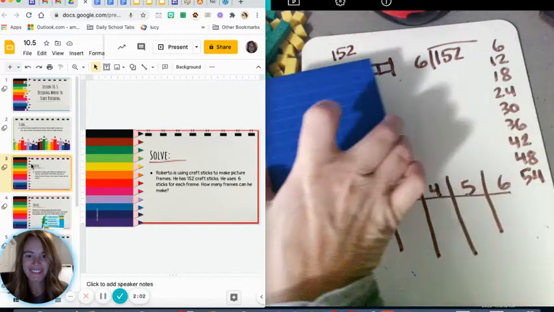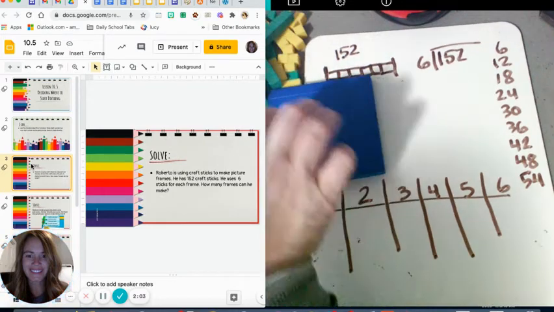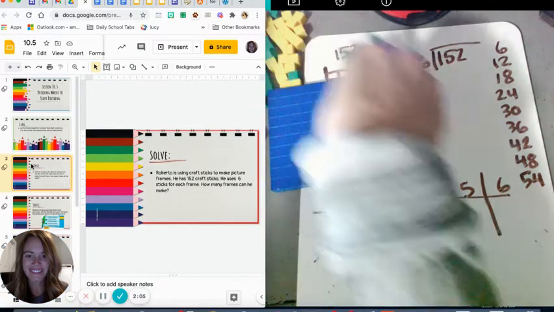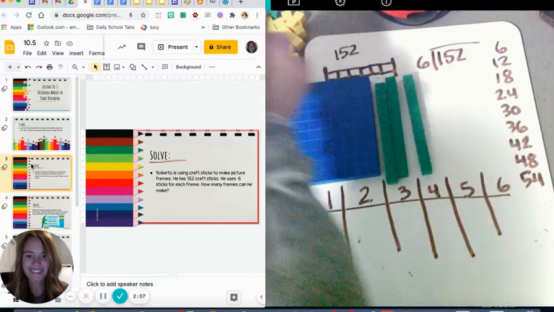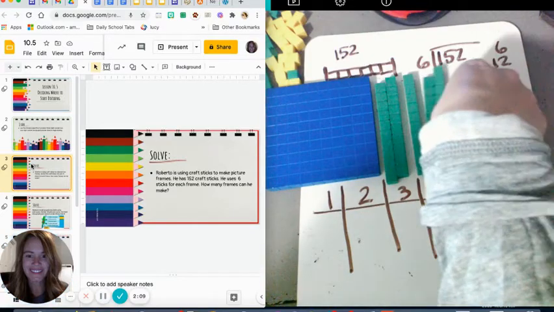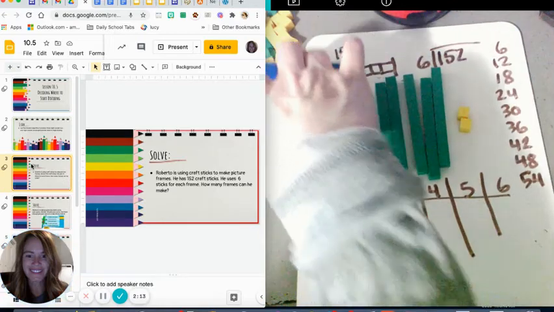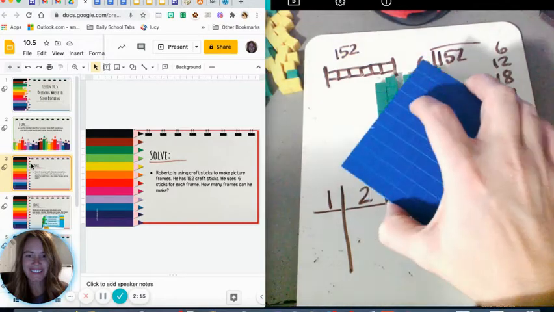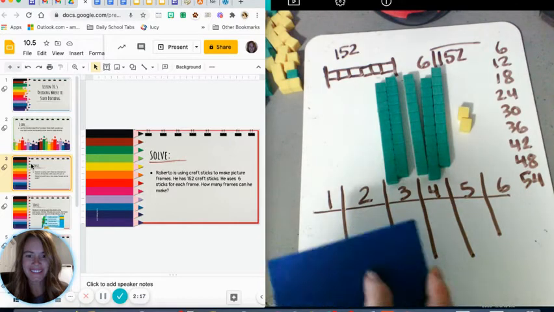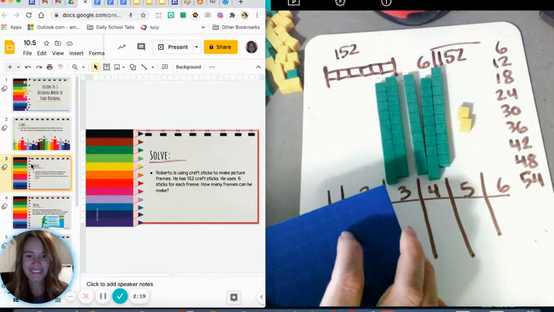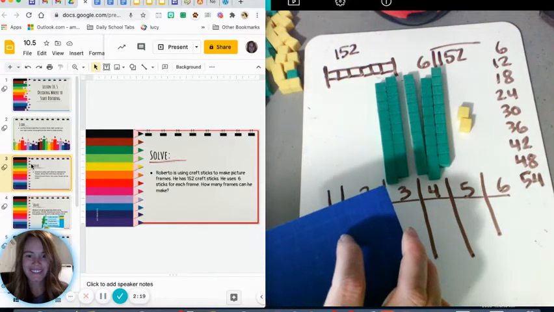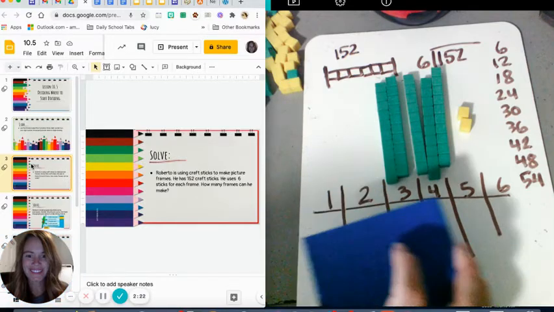And I have 100, 10, 20, 30, 40, 50, 2. Now, if I have 100, am I able to put 100 into 6 groups? Well, no, I'm not, because I only have 1, and I can't put 1 each in these 6 groups.